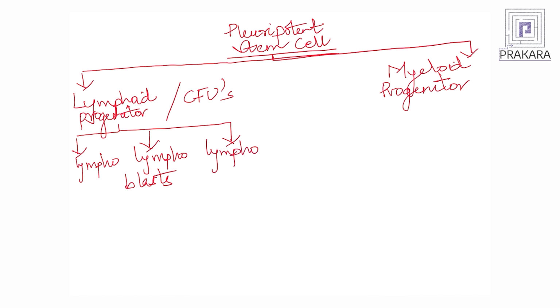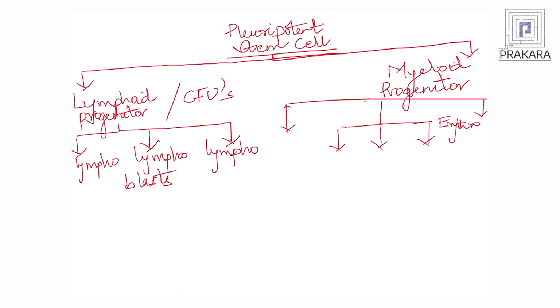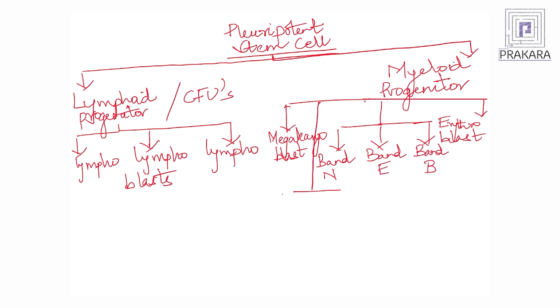On the other side, the myeloid progenitors divide into the erythroblast, the megakaryoblast, and band neutrophils, band eosinophils, and band basophils. It also divides into promonocyte as well as mast cell precursor.